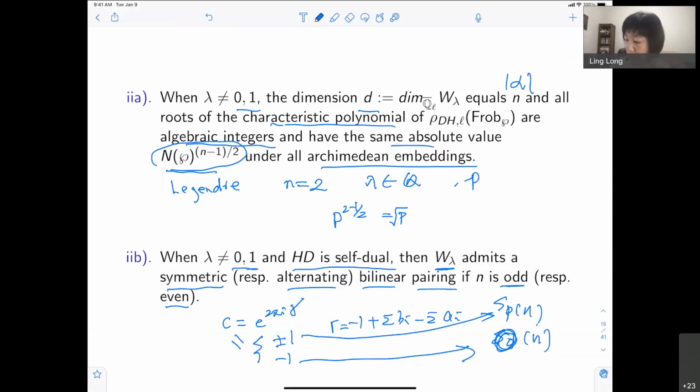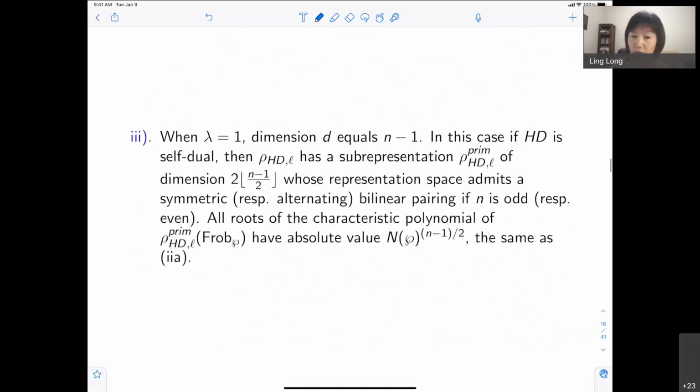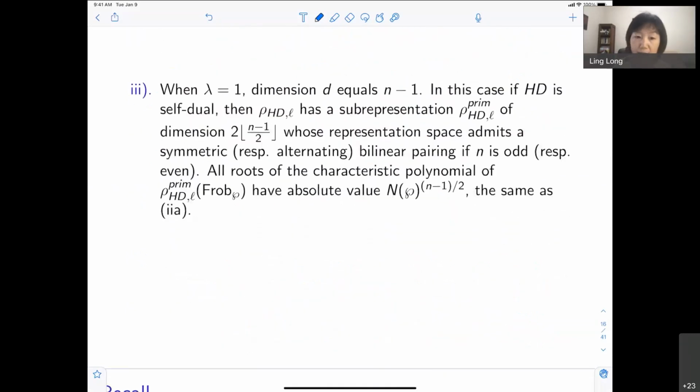And the other case that we use quite a lot will be when lambda equals 1. In the classical case, lambda equals 1, the local monodromy exponents will look like 0, 1, 2, all the way to n minus 2, and then there is gamma.